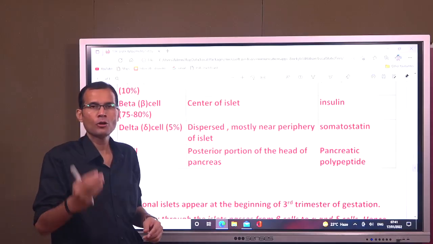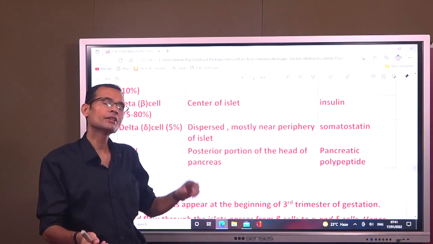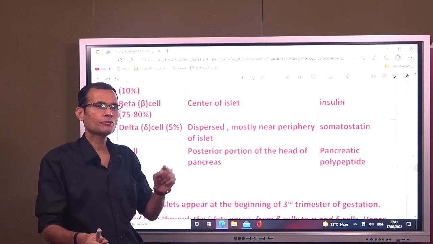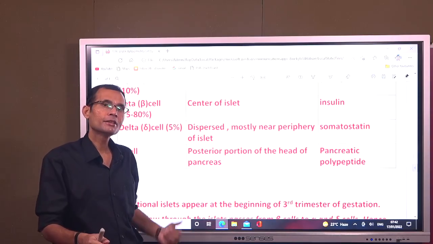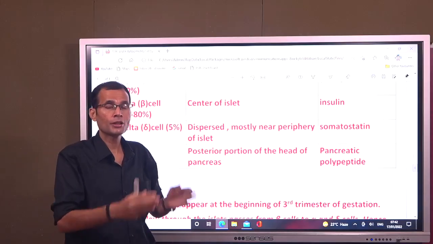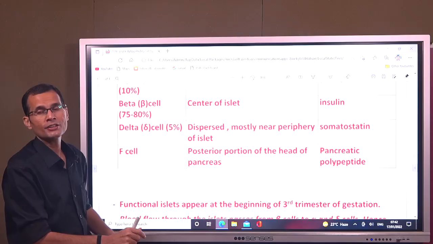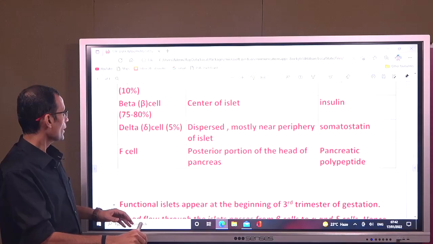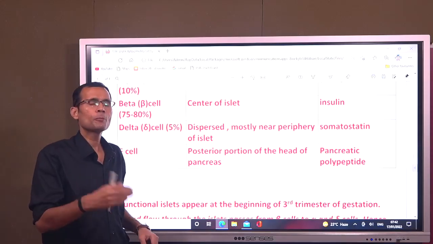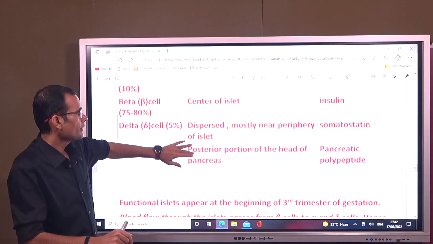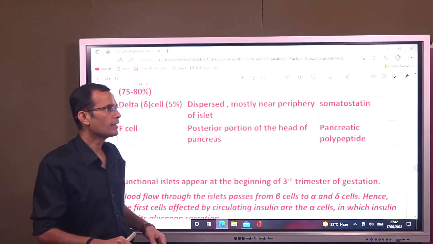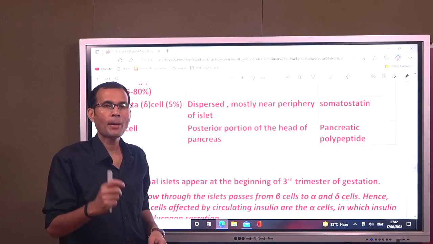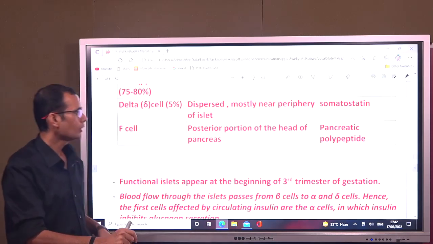We have already described this somatostatin in the GIT in the context of acid inhibition. Then we discussed it as growth hormone inhibiting hormone, and now here it's the remaining endocrine part. And then there are F cells, also called PP cells. They are in the posterior portion of the head of the pancreas, and they release pancreatic polypeptide.